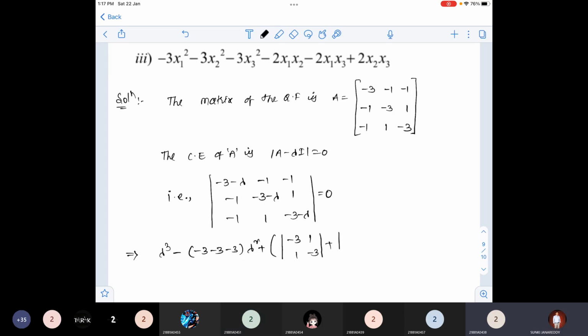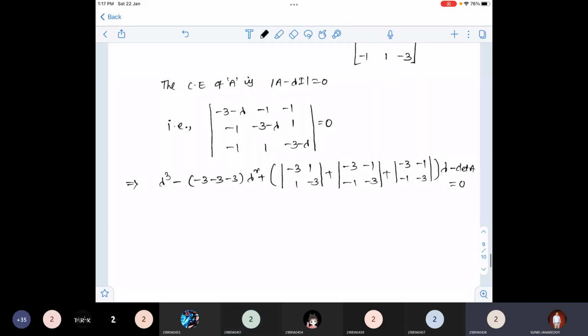Next leave the second row, second column, then minus 3, minus 1, minus 1, minus 3. Leave the last row, last column, then minus 3, minus 1, minus 1, minus 3, into lambda. Here next minus det A. It is equal to 0.